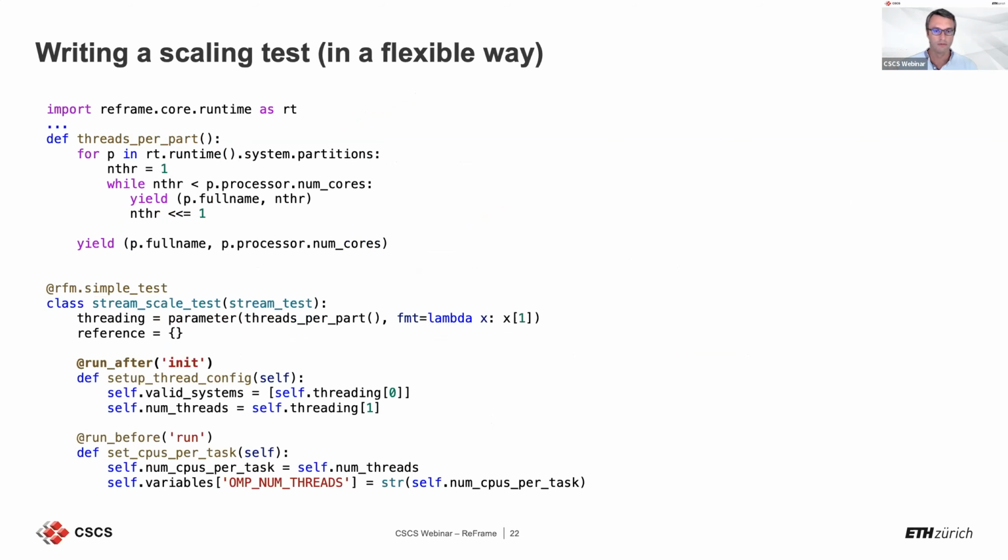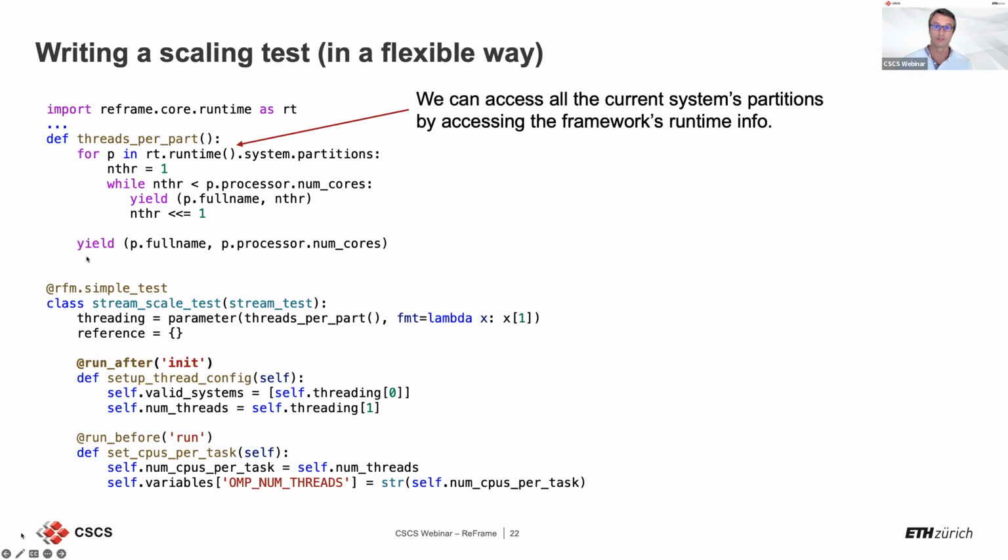which is a bit advanced actually, but shows the power of the framework. So actually we don't hard code anything, but we introspect the configuration essentially through the framework's runtime.